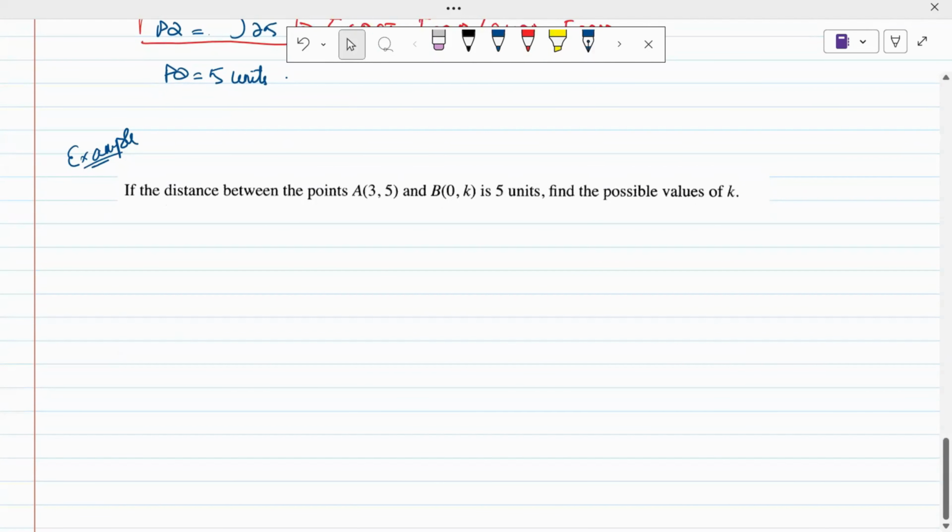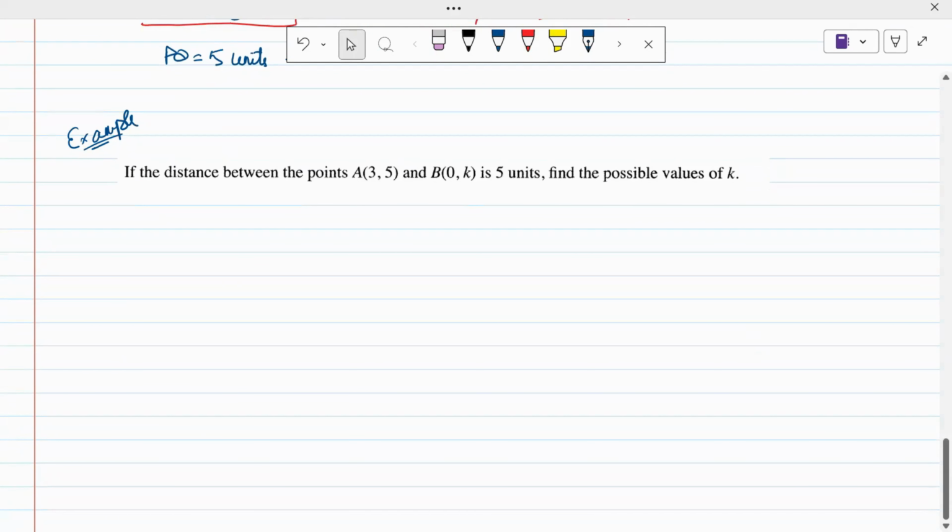Now look at this question. Here it says the distance between the points is 5 units. And we have to find possible values of k. So one of the coordinates is missing here. And one more important thing to be focused on here is they're using a plural term, values.